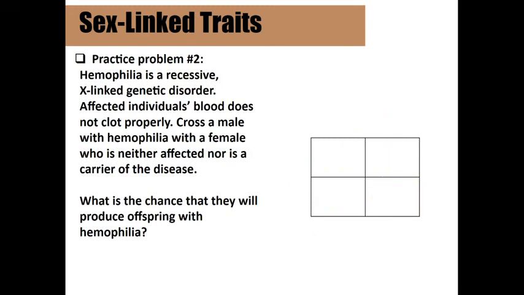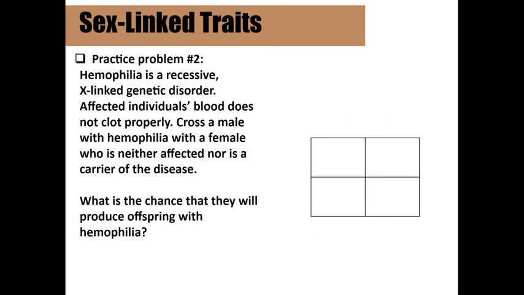So let's do another practice problem. Hemophilia is a recessive X-linked genetic disorder. Affected individuals' blood does not clot properly. So let's cross a male with hemophilia with a female who is neither affected nor a carrier of the disease.